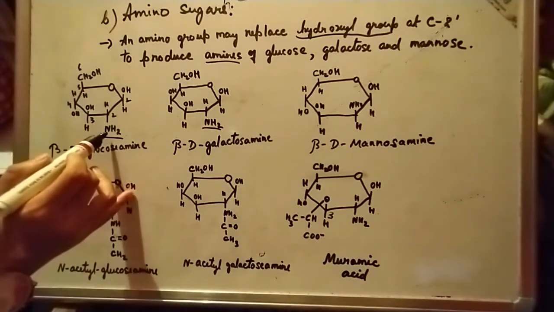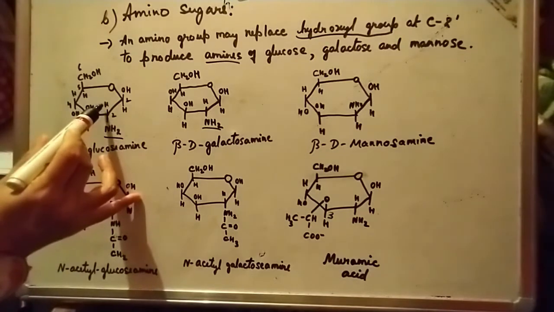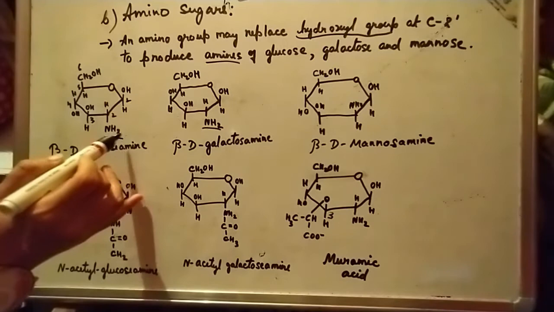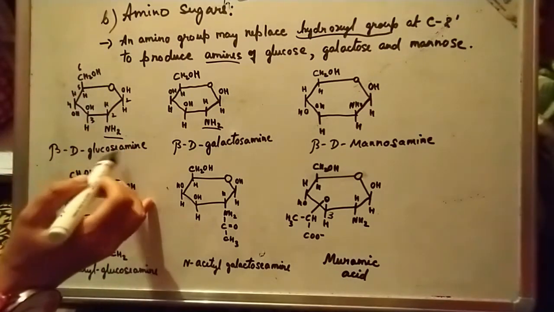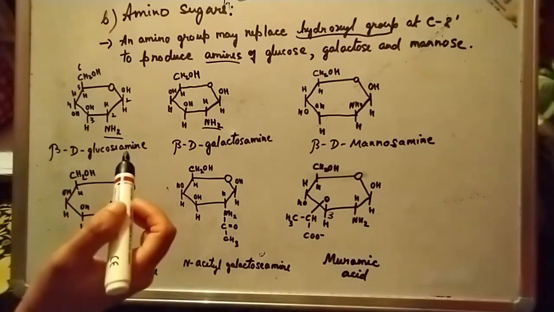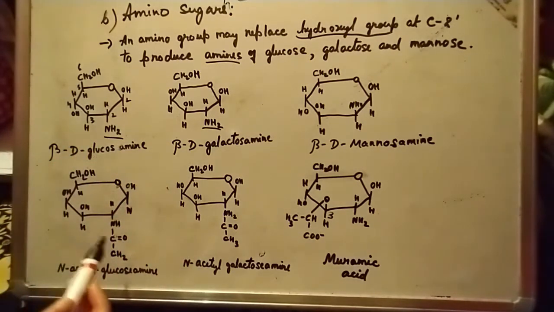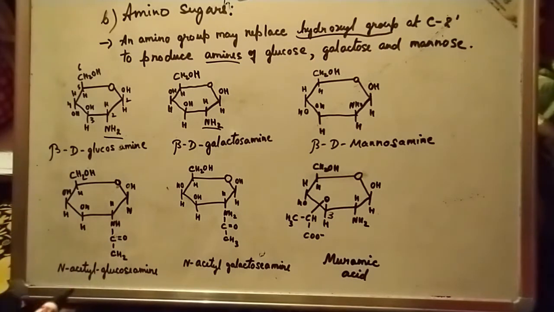So what happened here in the glucose molecule, if at carbon number 2 it is replaced by an amino group, then we get amines of glucose, right? Beta D-glucosamine, as you can see here. But then if there is further linking of an acetyl group to this amino group, we get a more complex form, that is N-acetyl glucosamine.